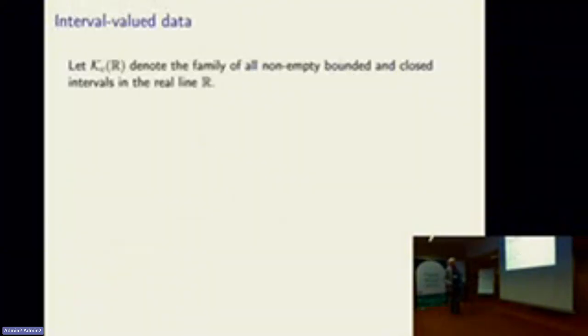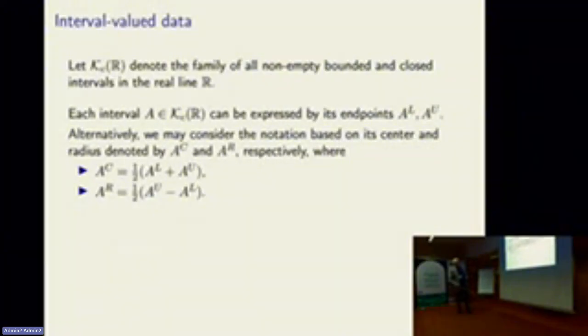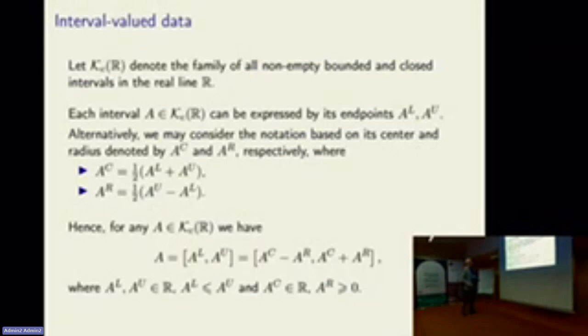So let's go on. This is a family of bounded and closed intervals. Very often we specify an interval by endpoints, but in the statistical framework, we rather prefer a slightly different notation using center point and radius.